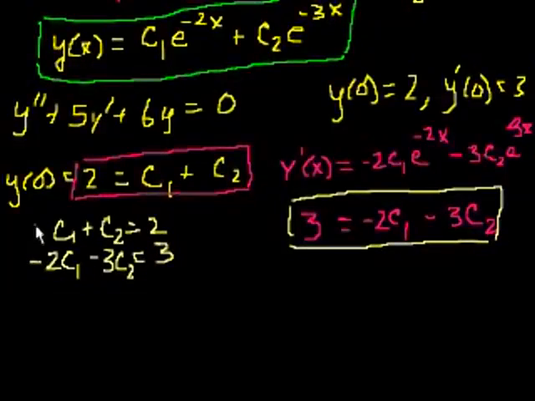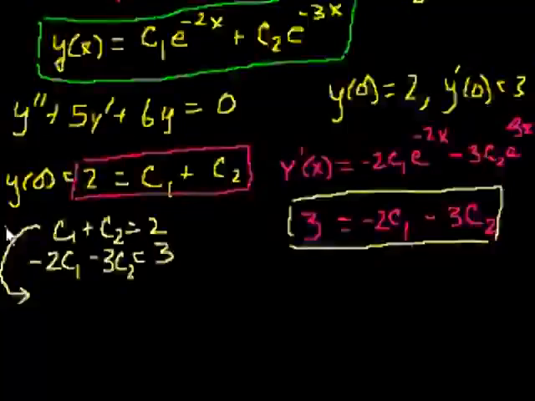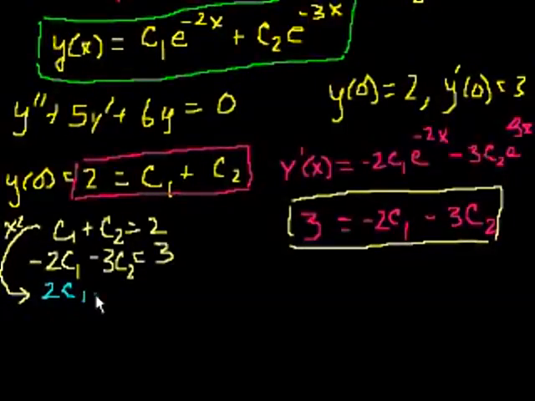So what can we do? Let's multiply the top equation by 2. There's a ton of ways to solve this, but if you multiply the top equation by 2, you get 2c1 plus 2c2 is equal to 4.